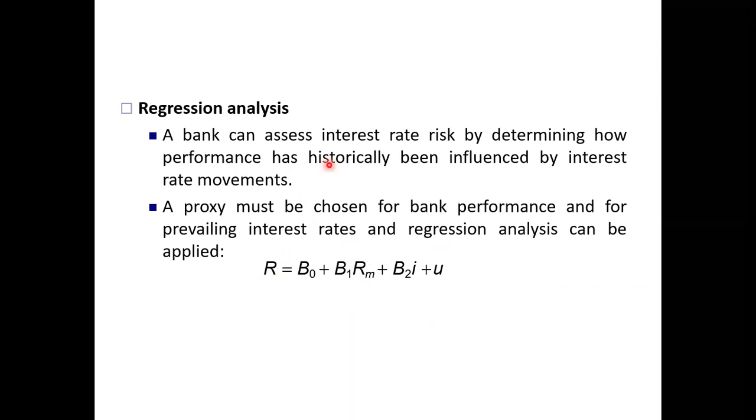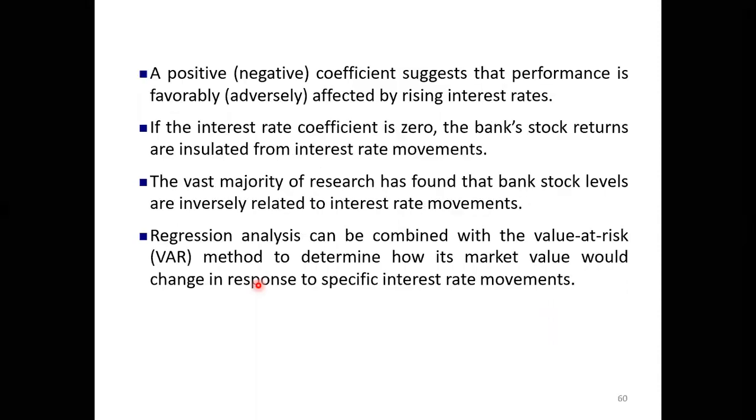A bank can assess interest rate risk by determining how performance has historically been influenced by interest rate movement. A proxy must be chosen for bank performance, and for prevailing interest rate, this one. And regression analysis can be applied here, right?